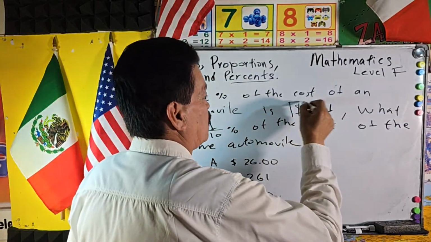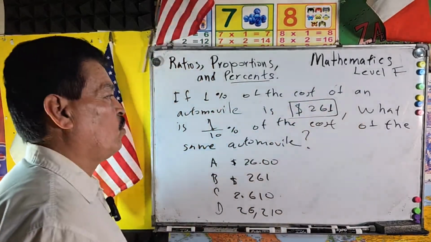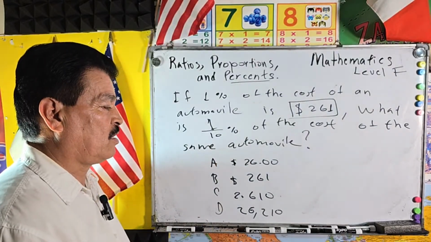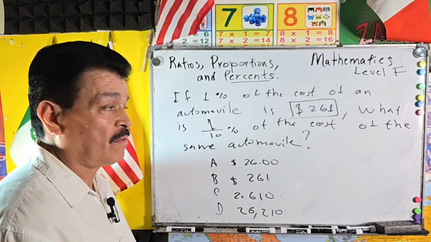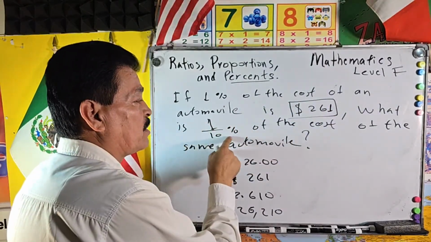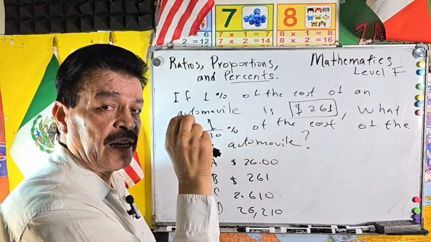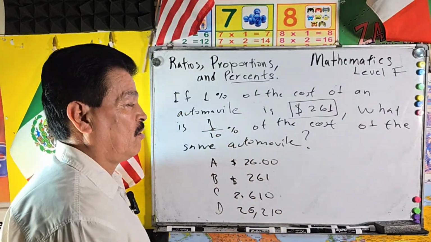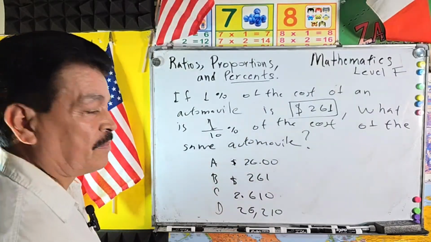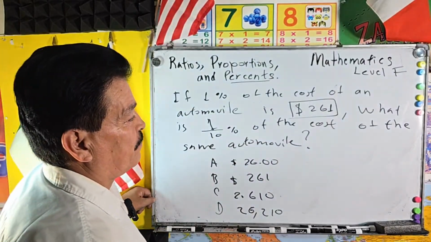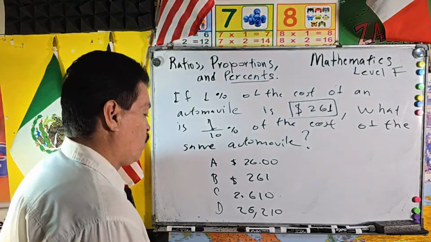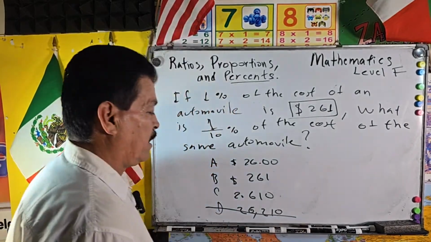You must see this number to analyze your answer. You have 4 possible answers. I told you 2 are completely wrong. Look at the number. You're talking about 110%. It's a little more than the cost of the same automobile. So this one is far away, completely wrong, right?